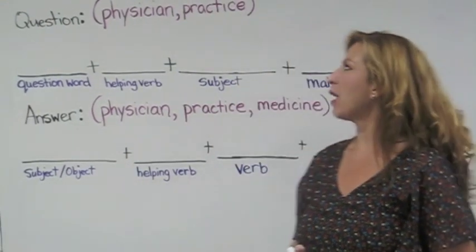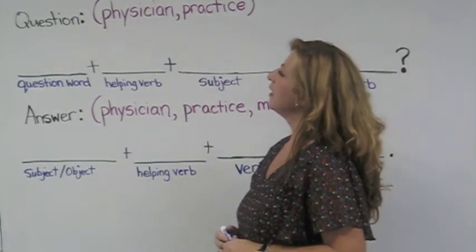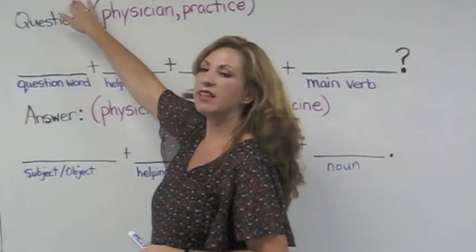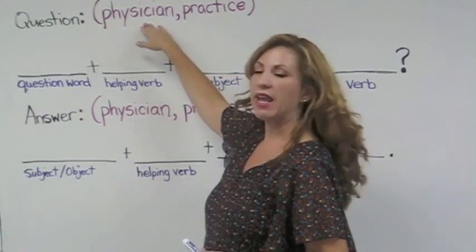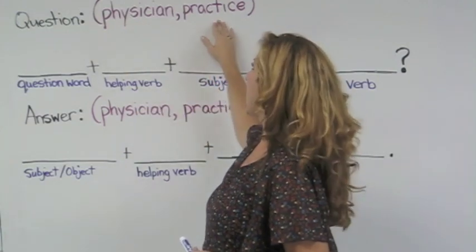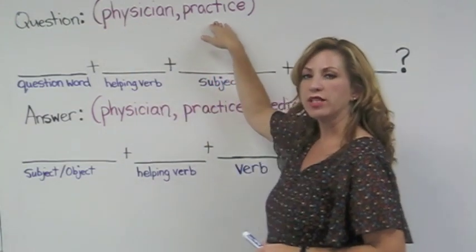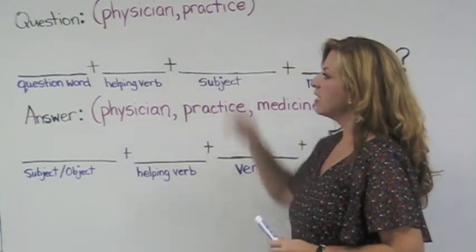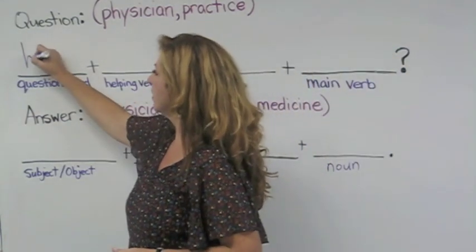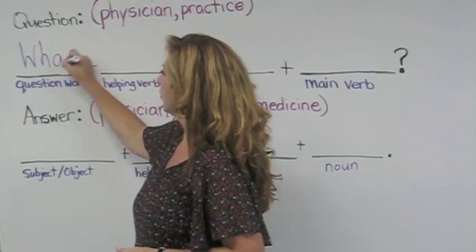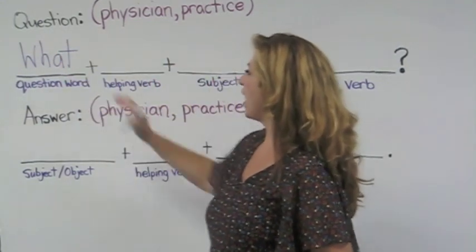Okay, let's do problem 3 together. Now, problem 3 is in the future tense, and our subject will be a physician, and our verb is going to be to practice. So let's begin with our question word, what? What?